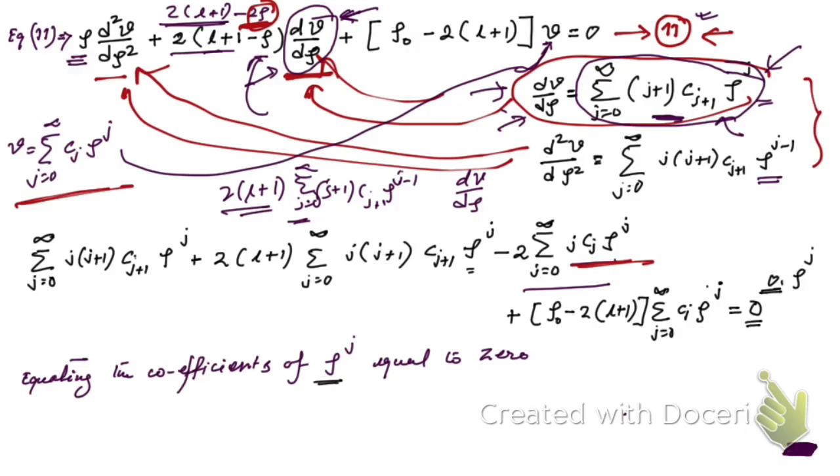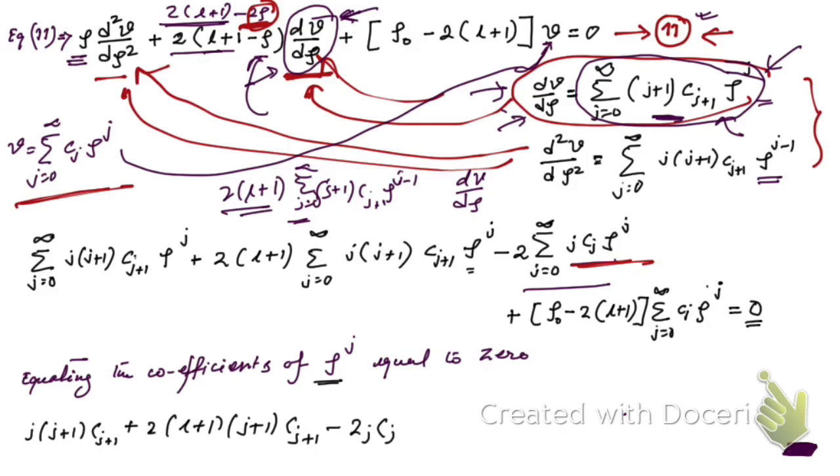So equating the coefficients to 0, we get j plus 1 c j plus 1 plus 2 into L plus 1 into j plus 1 c j plus 1 minus 2j c j plus rho naught minus 2 into L plus 1 c j is equal to 0.